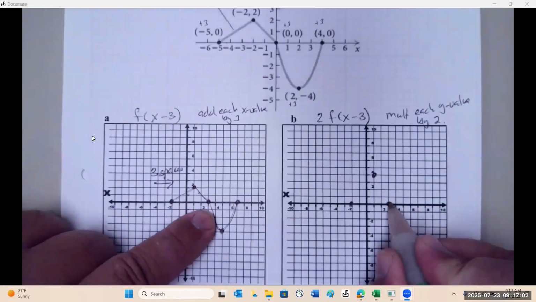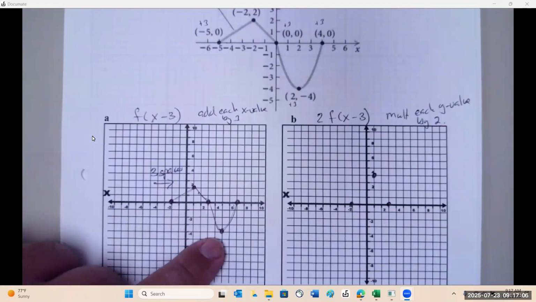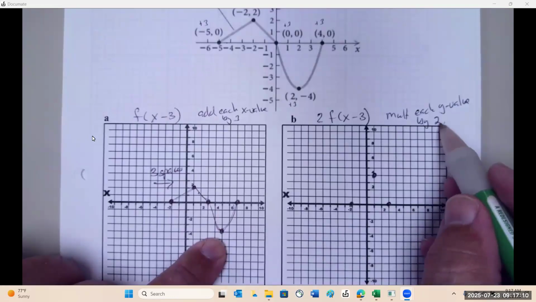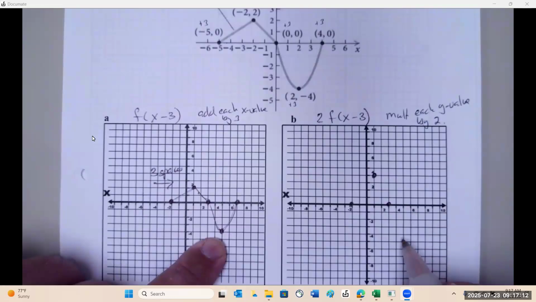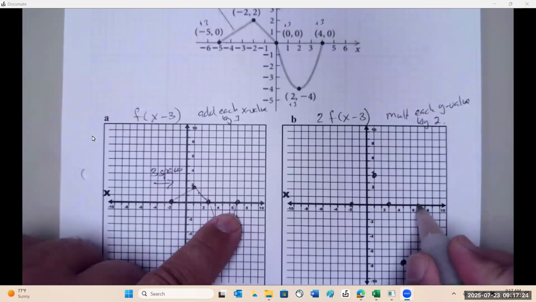It stays there. Next one's at 5, negative 4. So I multiply it by 2, so it's 5, negative 8. And then at 7, 0, it stays the same.